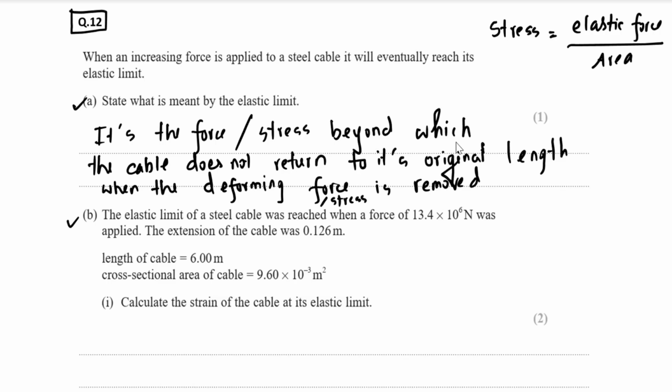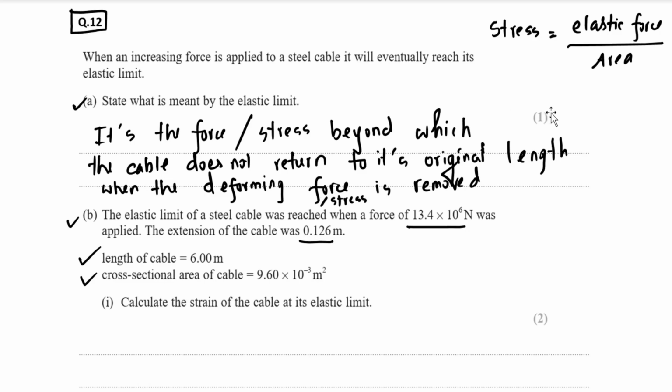Now question B. The elastic limit of a steel cable was reached when a force of 13.4 × 10^6 Newton was applied. The extension of the cable is 0.126 meter. Length of the cable 6 meter. Cross sectional area.